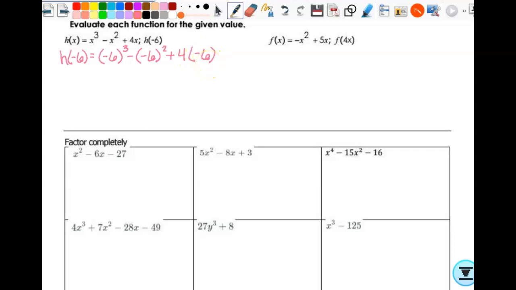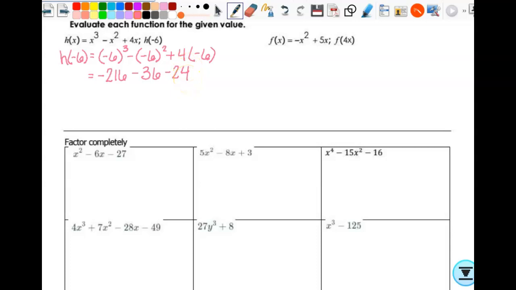A negative value cubed is still going to be negative. 6 cubed is 216. Minus negative 6 squared is a positive 36. And then 4 times a negative 6 is a negative 24.